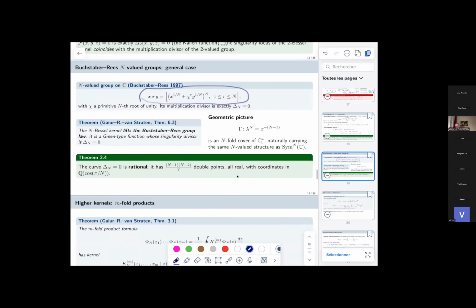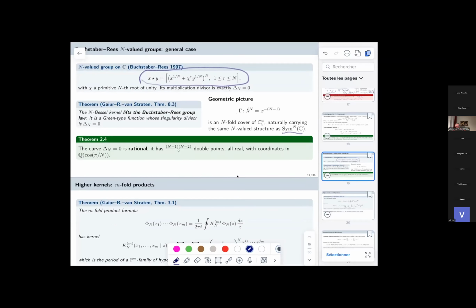And this n-fold cover gives you a law on the symmetric degree of C. Well, as I told you, the rational curve in P2 has some double points, some nodal points, the number of nodal points n-1, n-2 over 2, and all of them are in the cyclotomic field cos pi over n.